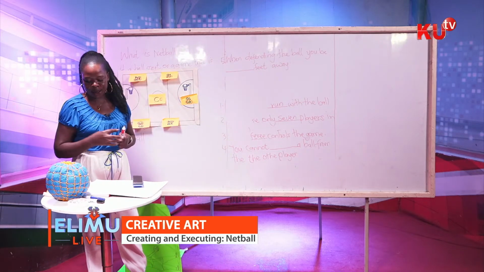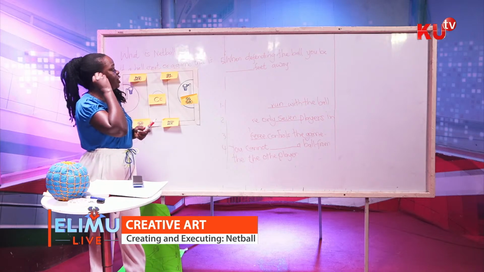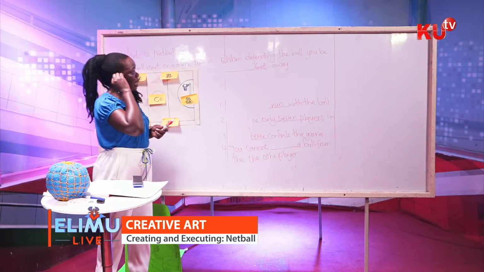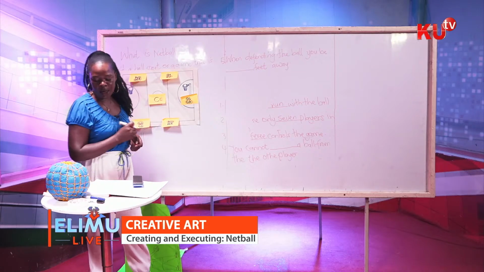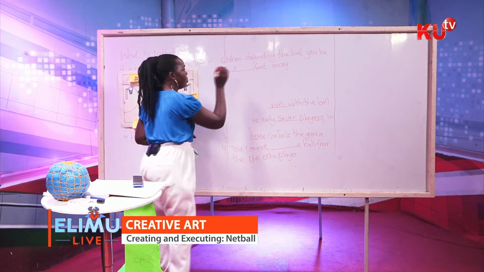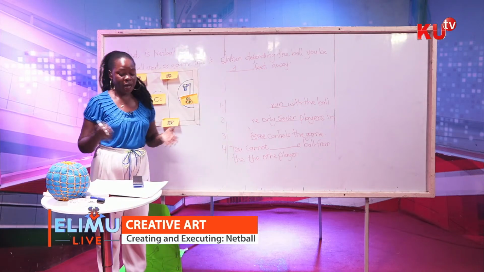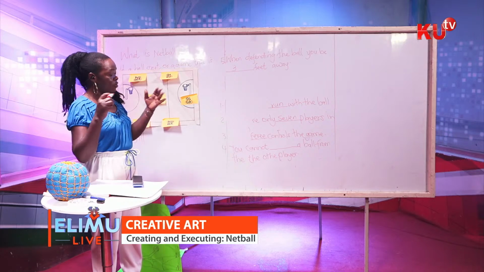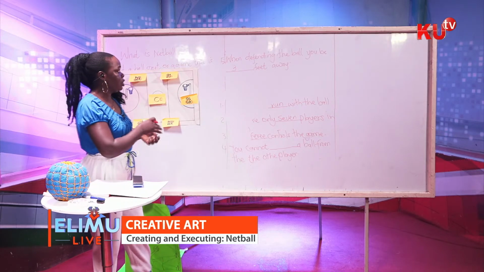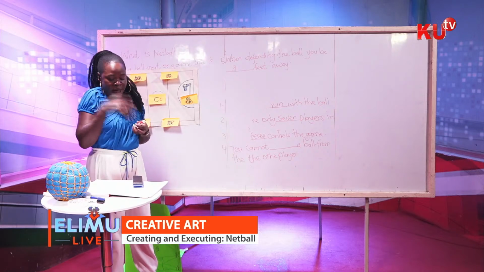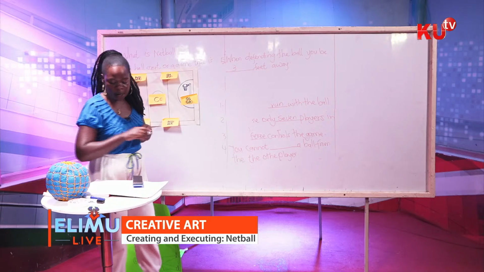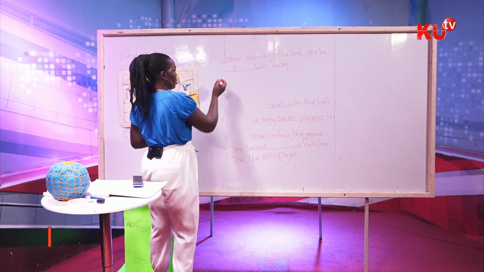So I said that when you are defending the ball, you must be 3 feet away from the person with the ball. If you come very close, then the referee will still blow the whistle and the ball will go to your opponent. You'll stand beside as the ball is thrown towards your opponent's goal. All right.